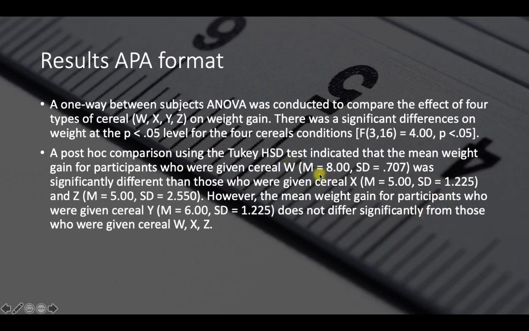If you decide to include your mean in a table format, as I showed earlier, then probably you can omit this. Okay, if you have the mean in a table format, this can be omitted. If you do not have the mean in table format, you have to write out the mean as well as the standard deviation. Okay, so this is how you write the results.